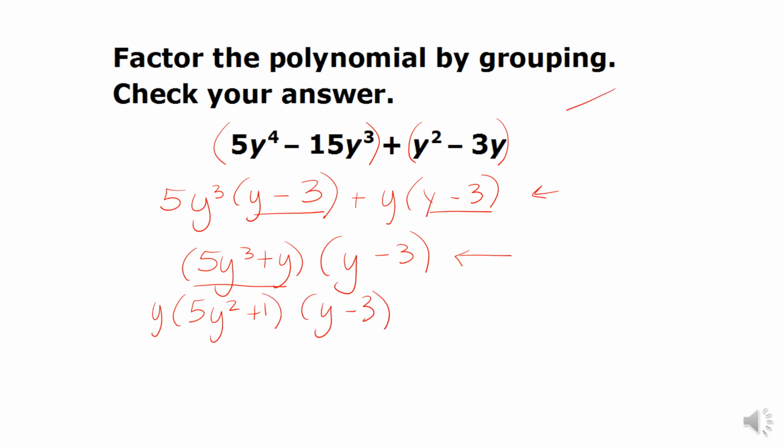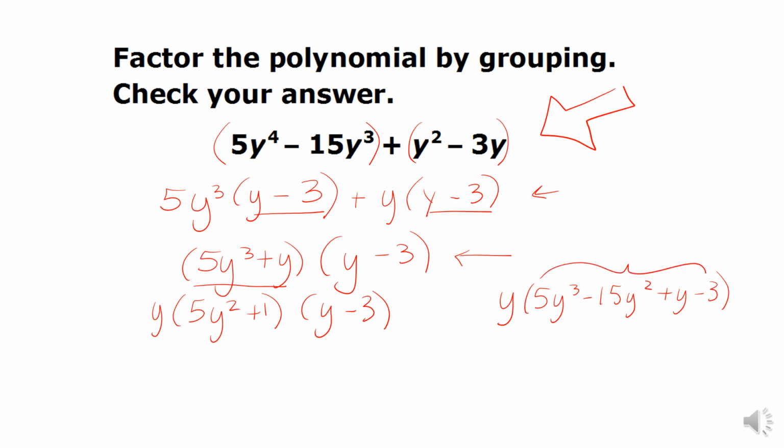Now, if you had noticed that y at the beginning, you could have factored the y out at the very beginning. So you could have said y times 5y cubed minus 15y squared plus y minus 3. And then you could have still done your grouping with this. So again, it doesn't matter as long as when you're done, it is completely factored.